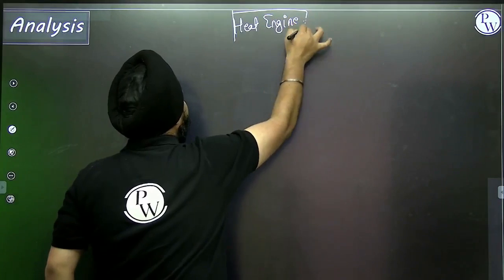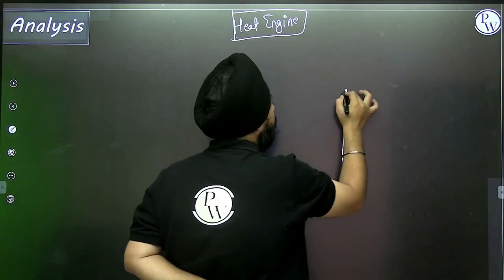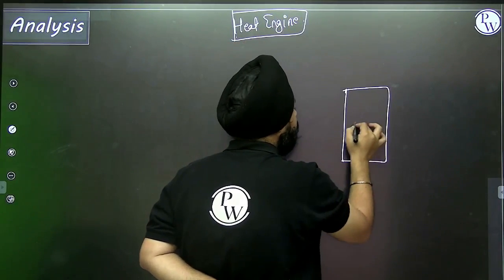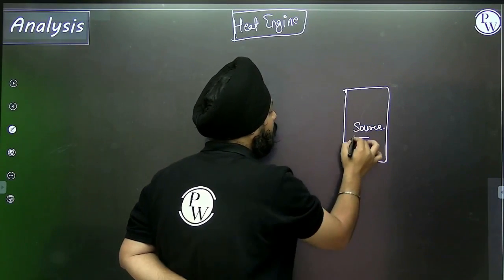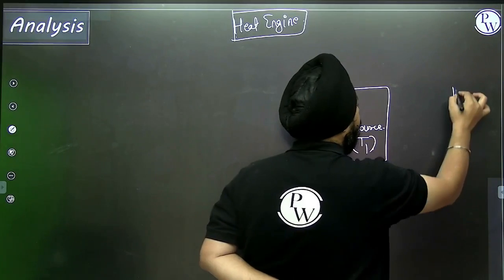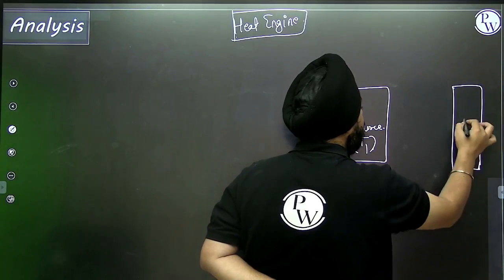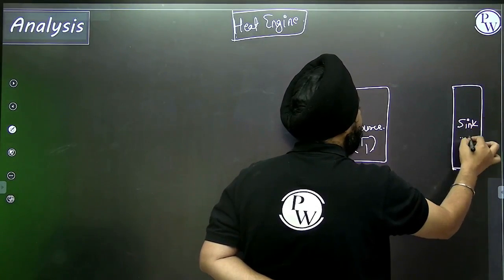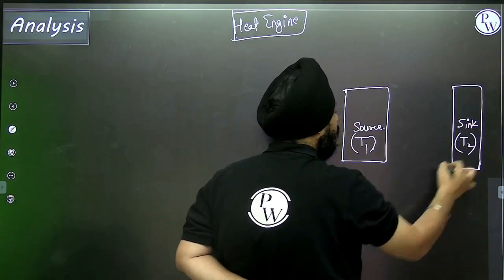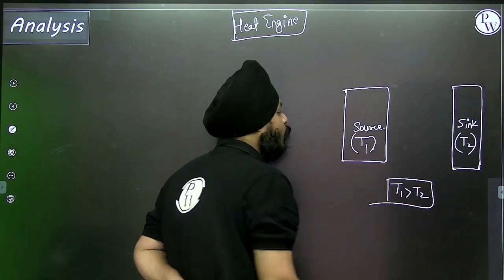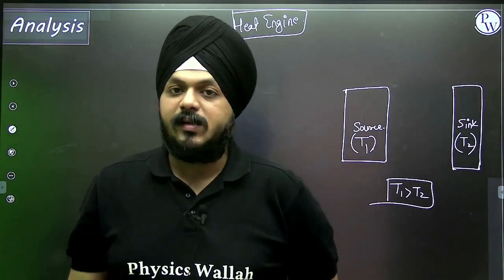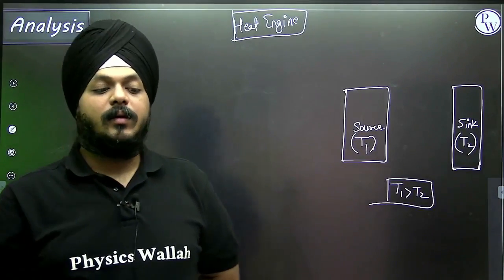If I'm talking about the heat engine, this is the source. It is at the temperature T1, and here we have the sink. The sink is at the temperature T2. The source is always at a higher temperature than the sink.